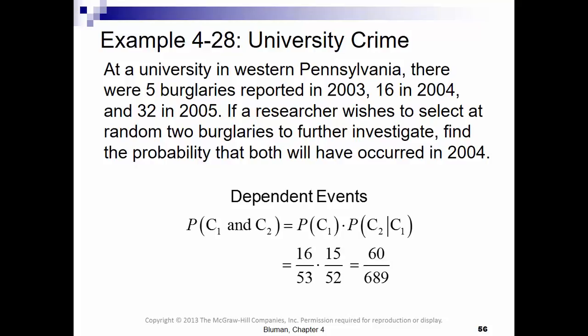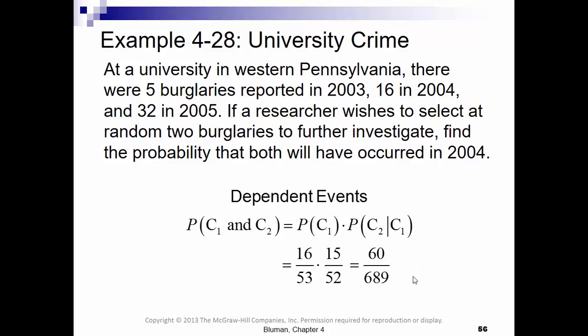You can see that the numerator, this 15, is 1 lower because one's already been chosen from 2004, and the 52 is 1 lower because we started with 53 crimes but we've already picked one, so now there's only 52 left to pick from the second time. When we multiply those across, we have 60 over 689. Reduce it if you can, or make it a decimal.